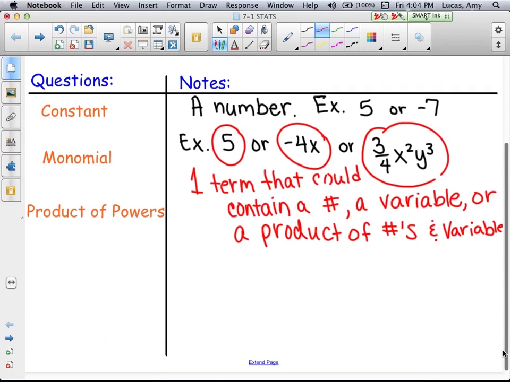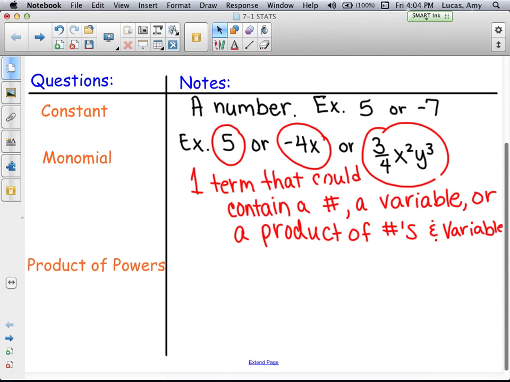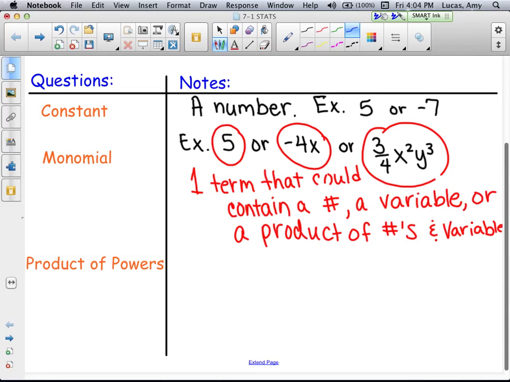Okay, so that takes us right into the next vocab word, product of powers. A product of powers, product means to multiply, and powers are exponents. So an example is x to the power of a times x to the power of b equals x to the power of a plus b.